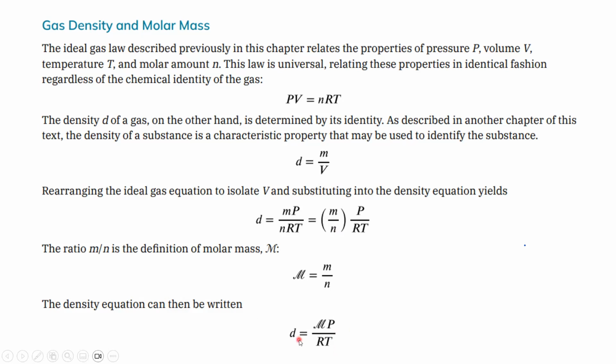So when we're solving for density of a given gas, if we know the molar mass of that gas, because if you think about it, that's going to give us the information about moles and grams. If we know the pressure, gas constant we'll always have, assuming that we've got pressure in atmospheres. And then temperature, we're going to have in Kelvin.